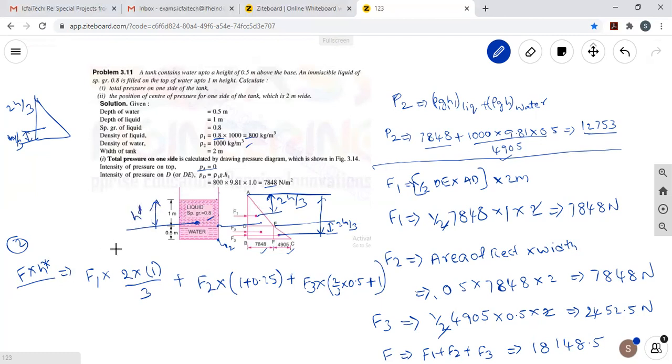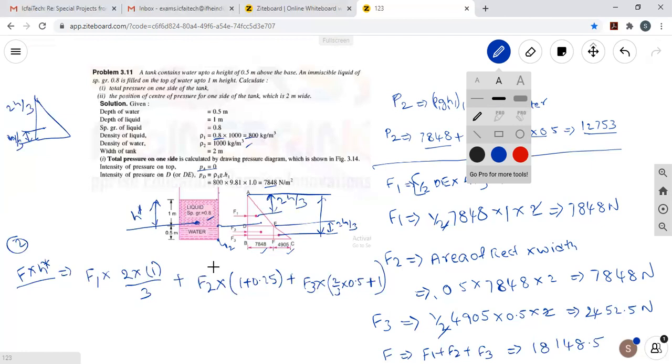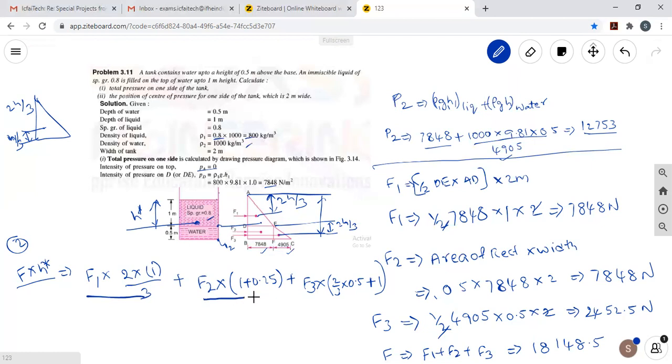So F into H star is equals to F1 force into distance 2H by 3, plus F2 force into this distance, 1 plus half of this distance, so 1 plus 0.25, plus F3 into 2 by 3 into 0.5 plus 1. This is clear.